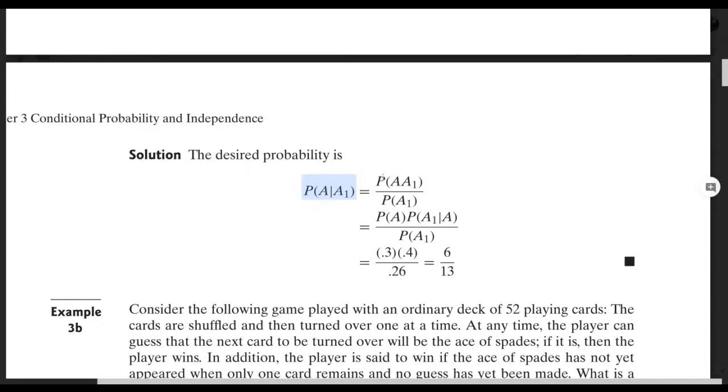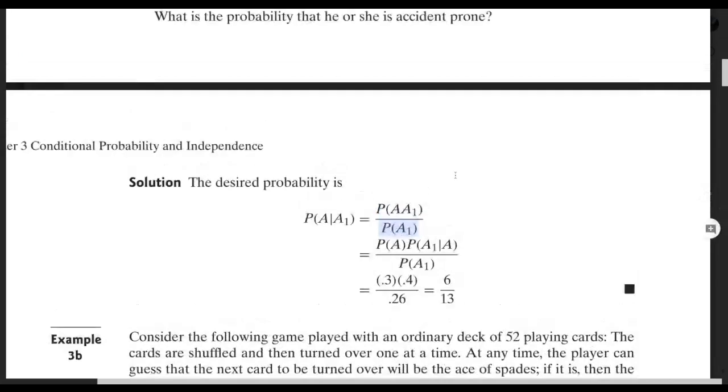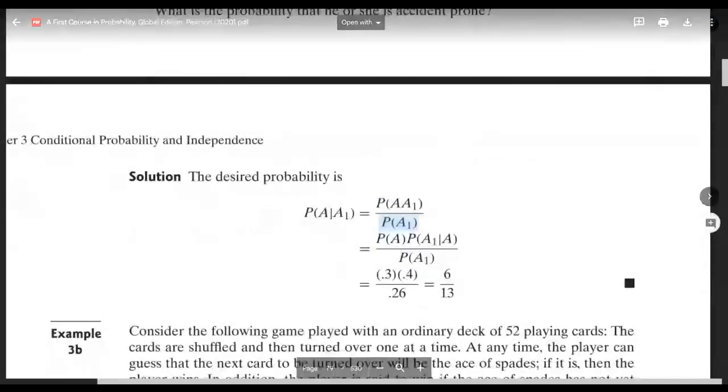So that equals the probability of the intersection of those two, accident happening in a year and he or she is accident prone, divided by the probability of an accident happening within a year.